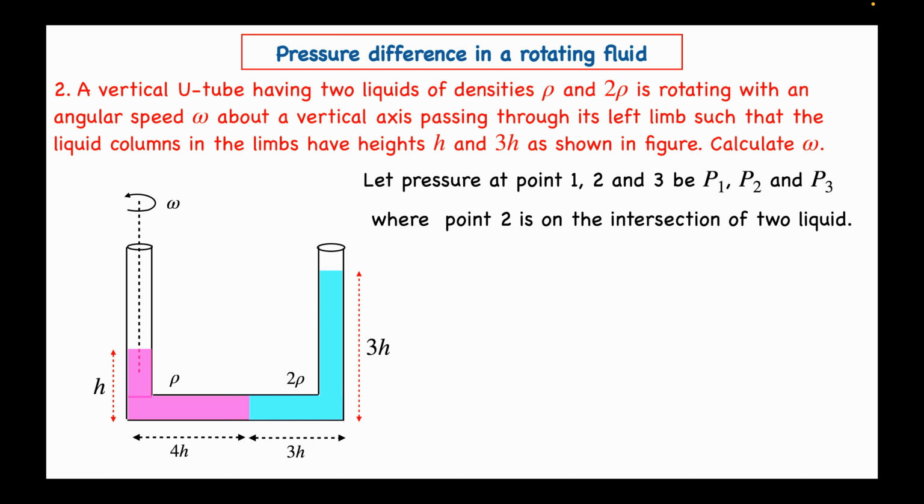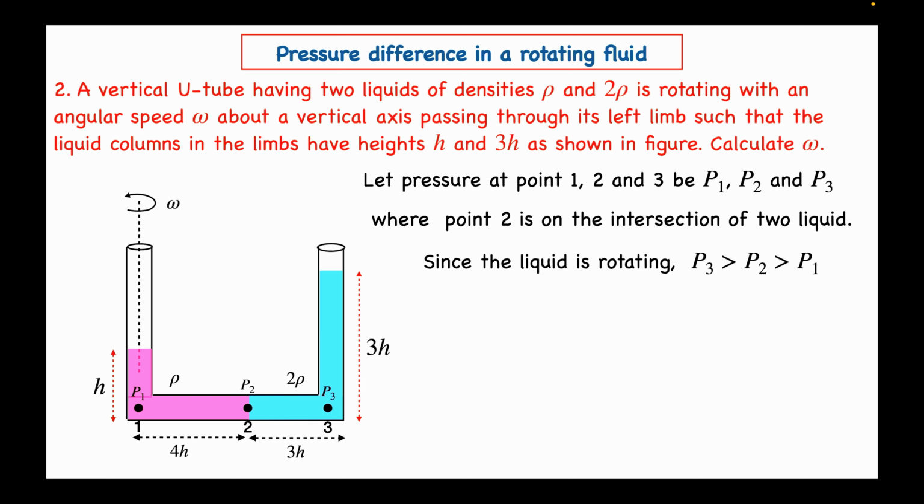Let pressure at point 1, 2 and 3 be P1, P2 and P3, where point 2 is on the intersection of two liquids. We have taken 3 points in the horizontal limb of the U-tube, 1, 2 and 3, where point 2 is on the intersection of two liquids, and let the pressure be P1, P2 and P3 at these 3 points.